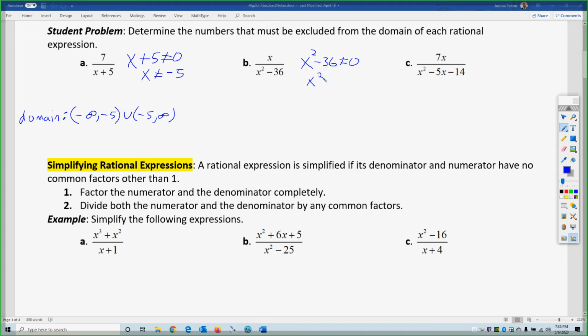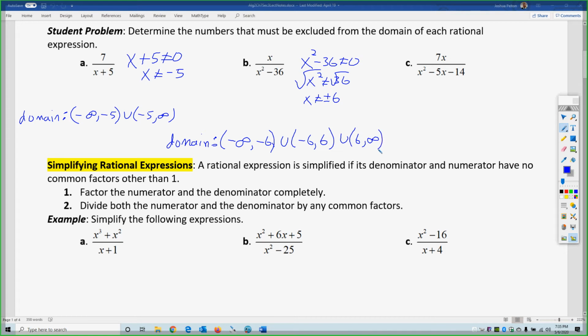So x squared cannot be 36. If I square root both sides, x cannot equal plus or minus 6. So my domain here is negative infinity to negative 6, union negative 6 to 6, union 6 to infinity. Remember these need to go least to greatest.